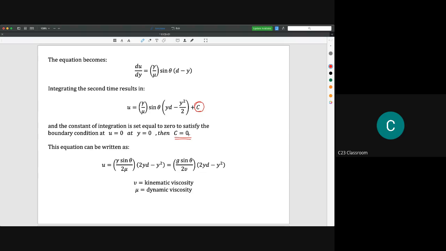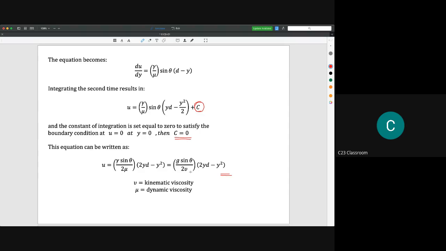So we have C equal to 0 here. And then finally, we could say that the equation can be written as u equals gamma sine theta over 2 mu times (2yd minus y square). So it might be simplified like this.